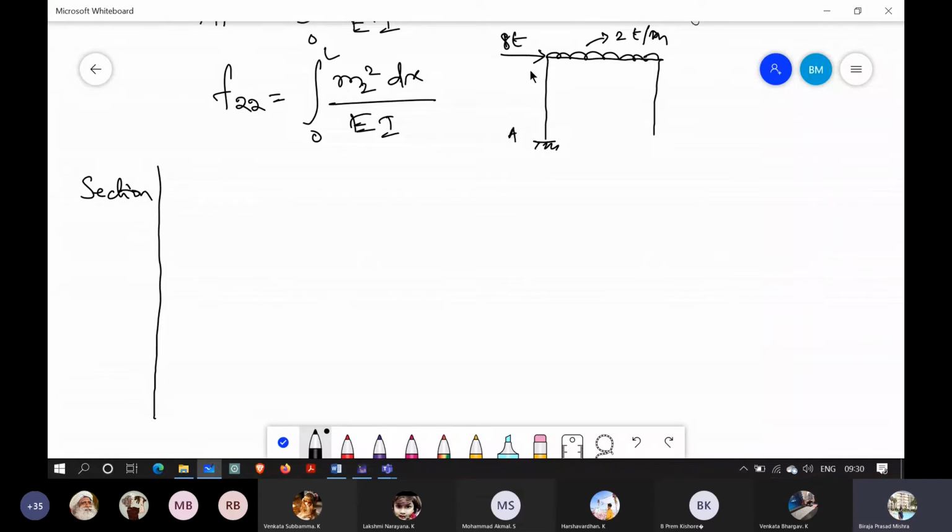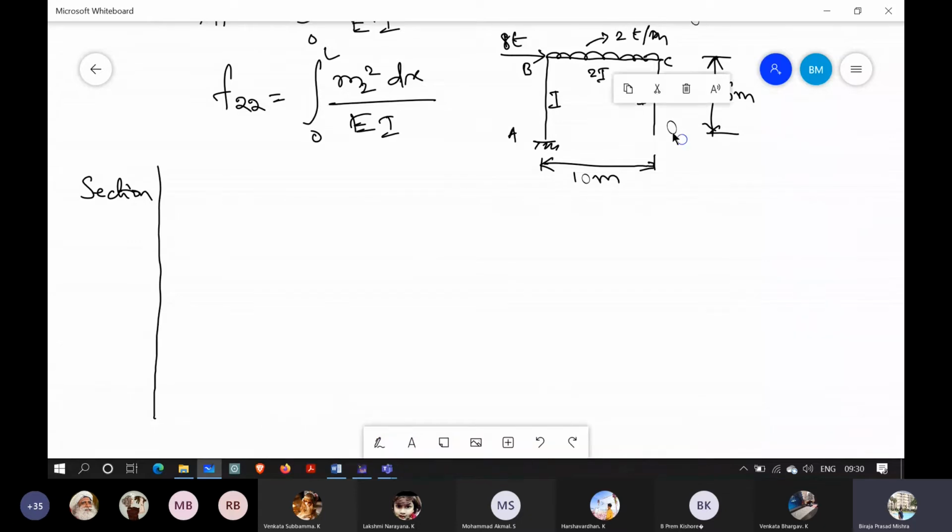This is A, this is B, this is C, this is D. This length is 6 meters and this length is 10 meters. This is I, this is 2I, and this is also I.